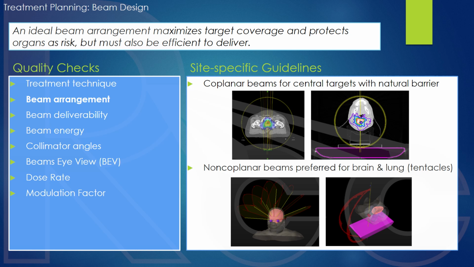It is fairly common to use coplanar beams for central targets and for targets which have natural barriers, whereas non-coplanar beams, as shown in the bottom row, may be preferred for the brain and for the lung and for disease sites which have tentacles. And that's really a philosophy that has been developed at UT Southwestern.